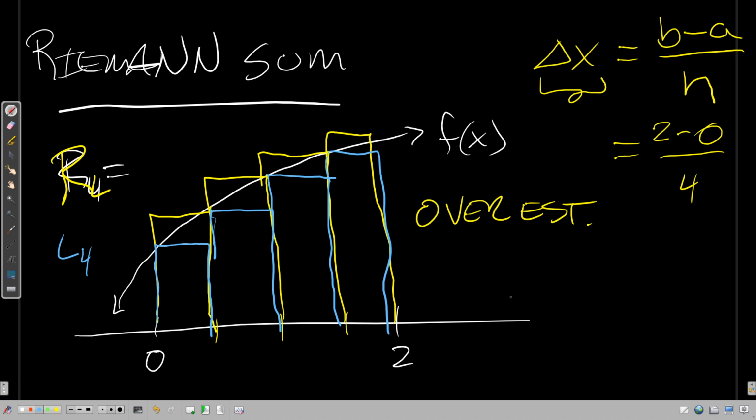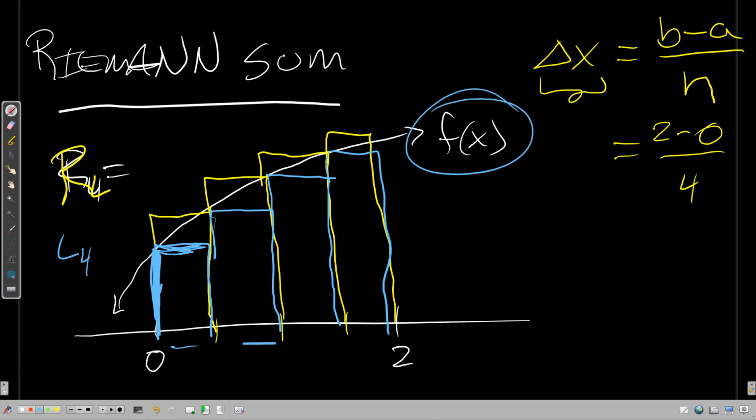And these sums can be easily written down because here my width of my rectangles is always 1/2. So each rectangle has an area that looks like 1/2 times the height of the rectangle, and the height of the rectangle is always described by the function itself.